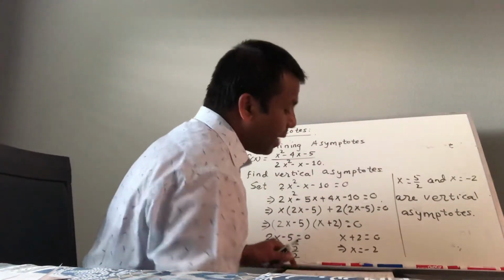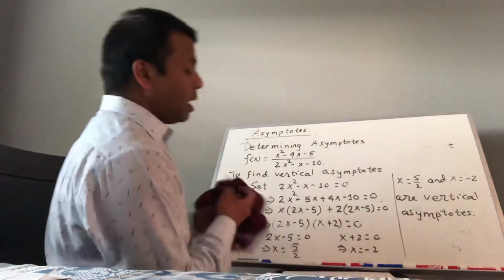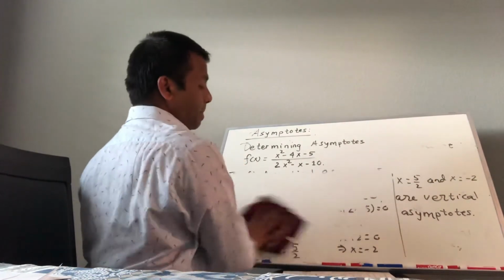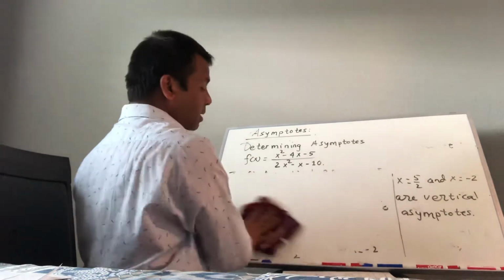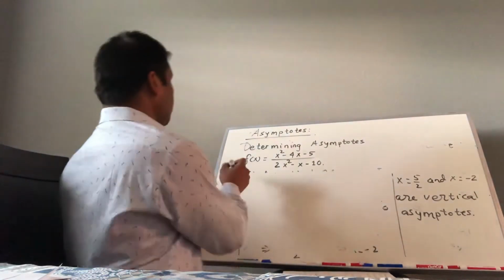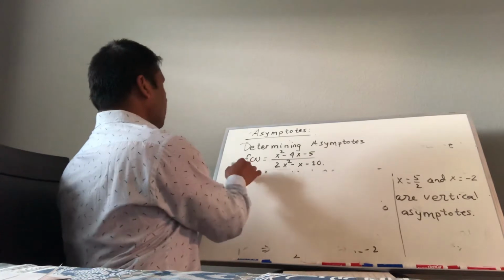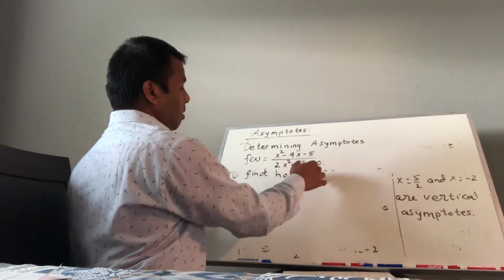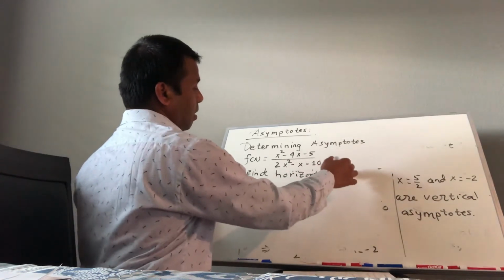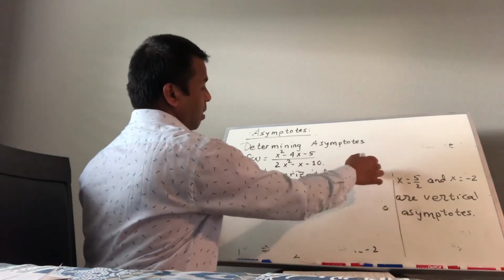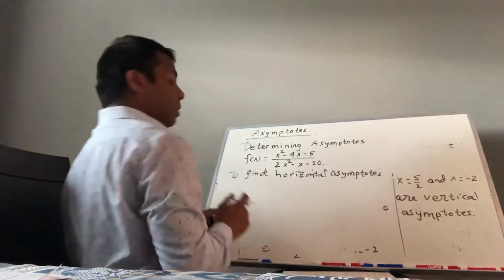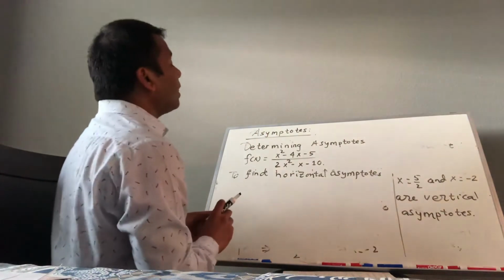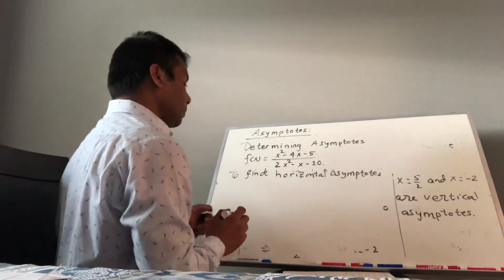So if you want to find the horizontal asymptotes, we look at the numerator polynomial and the denominator polynomial.